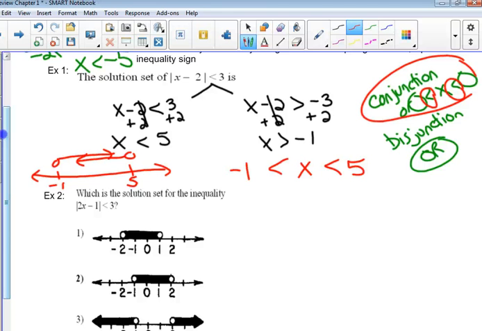So when you go to the original problem where it's like x is less than 5, could you just follow the way the arrow is going? You can't just write it this direction. You have to write it according to the x. And you have the x on the other side.